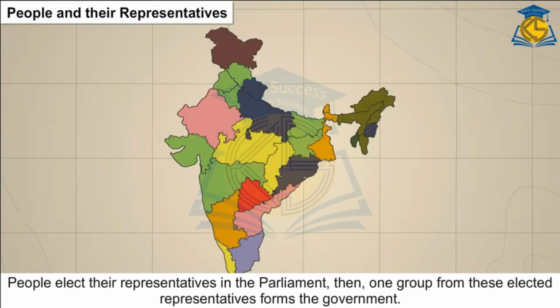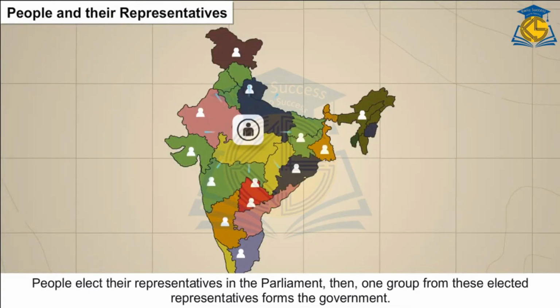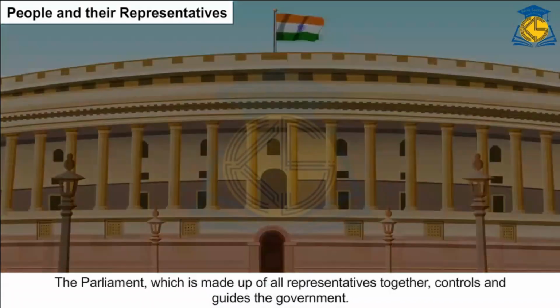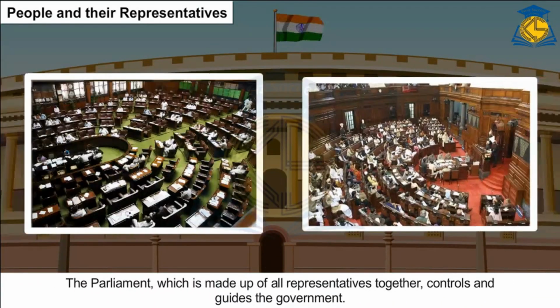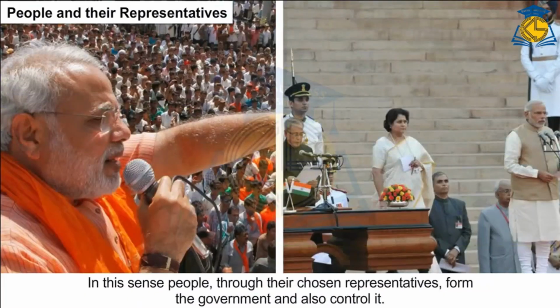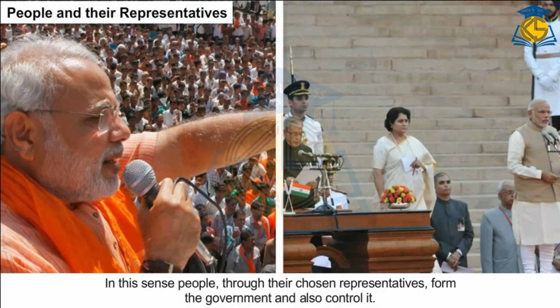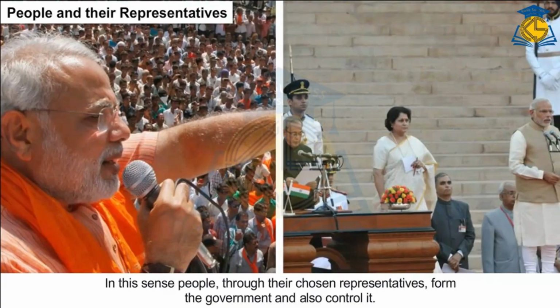People elect their representatives in the parliament, then one group of these elected representatives forms the government. The parliament, which is made up of all representatives together, controls and guides the government. In this sense, people, through their chosen representatives, form the government and also control it.